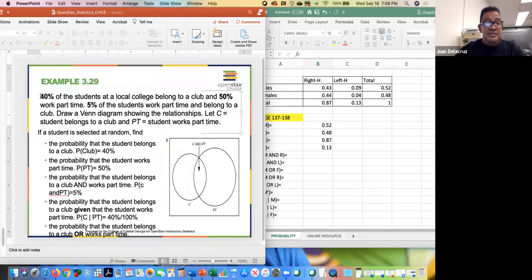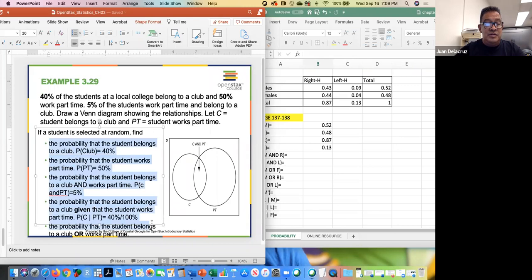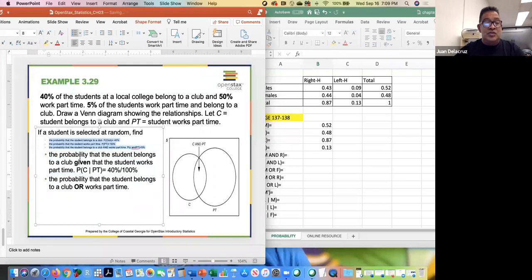So let me make this extremely small so we can see this. So the probability that the students belong to a club given that the student works.